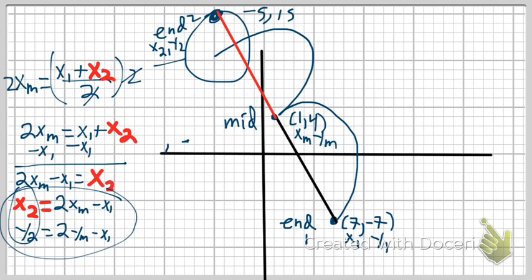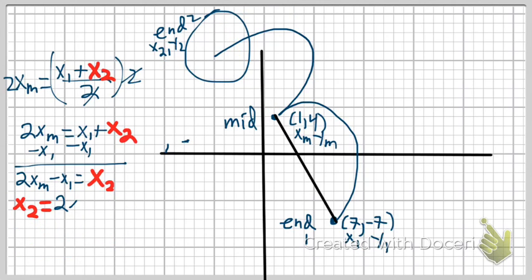I then subtract x sub 1 from both sides, and that gives me 2xm minus x1 equals x2. So I took the midpoint formula and solved it for one of the endpoints. Now all I have to do is drop numbers into that equation and we're good to go.